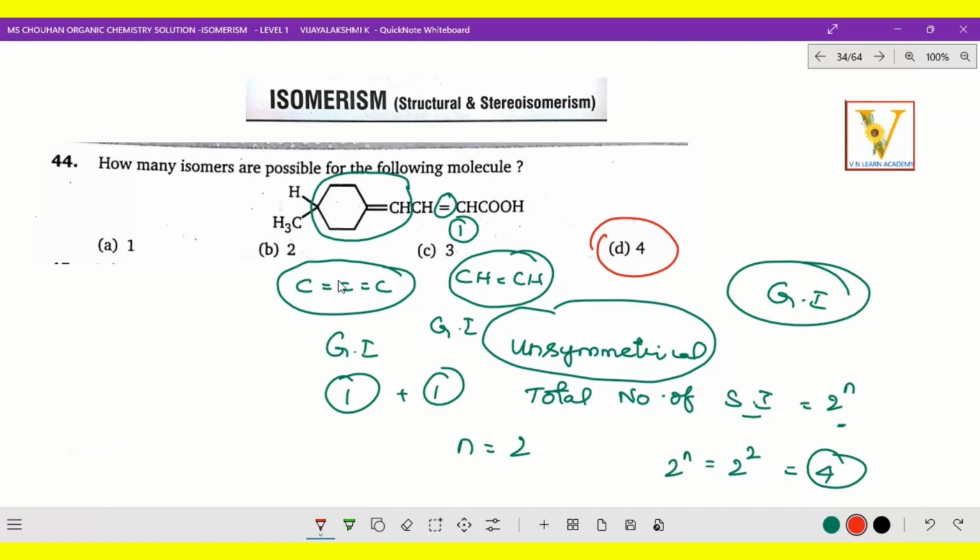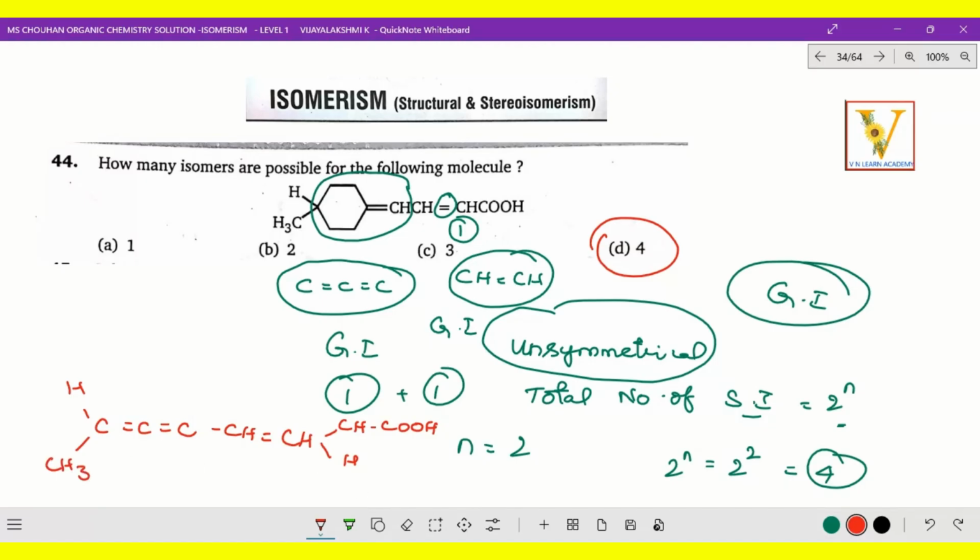So this is C triple bond C triple bond C, and the next one is CH double bond CH, and here CH COOH, then on this side H, the same way H here, and CH3.